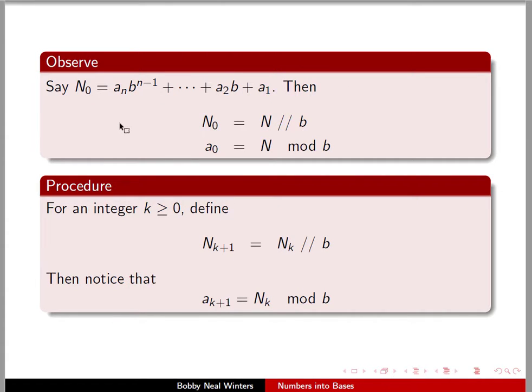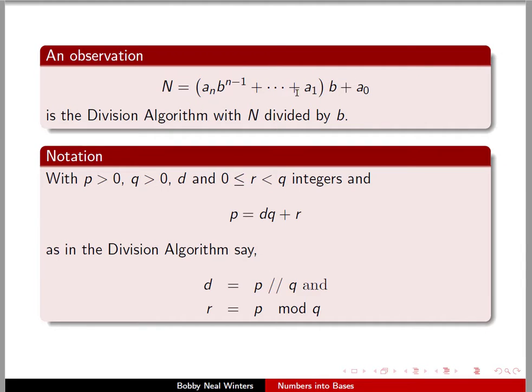And so let's look here. We start off with this divisor, okay, right here. We have b times that. Well, we're going to refer to this number in parentheses as n0.